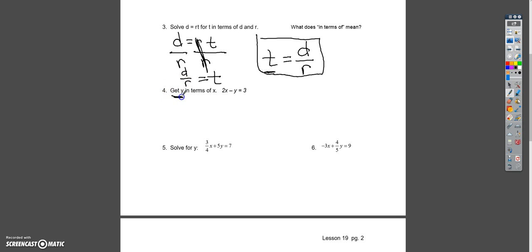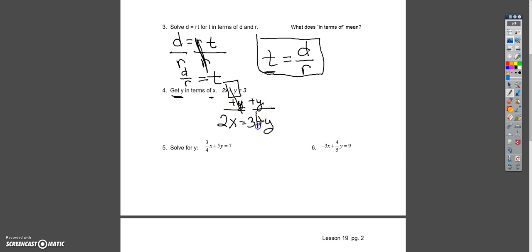Here, we're going to get y in terms of x. So again, that means we're going to solve for y. Since it's negative, I'm going to add it to both sides. So here I get 2x. That went away. Equal sign. 3 plus y. Now I'm going to divide by 2. No, sorry. Take that back.